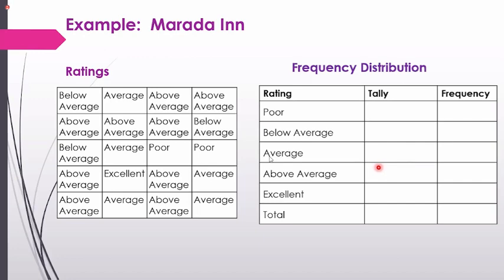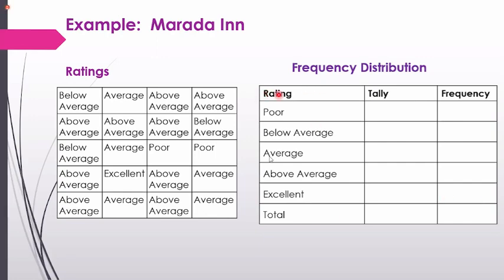So usually it is a small number of data. So when we are preparing manually, the first thing, we have to form 3 columns. One is your variable column, right? Variable with those measurements. And here tally mark, and then we have to put the frequency column.